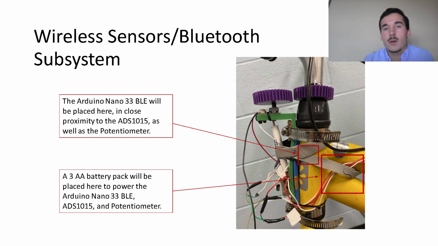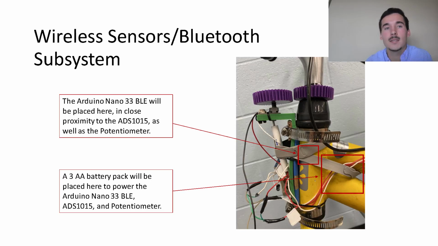We're going to power all this with the 3 AA battery pack. We'll power the Arduino Nano first, and then we'll use the 5 volt output pin on the Arduino Nano to power the ADS1015, which will then also go into the potentiometer, with one input going in and one output coming out.